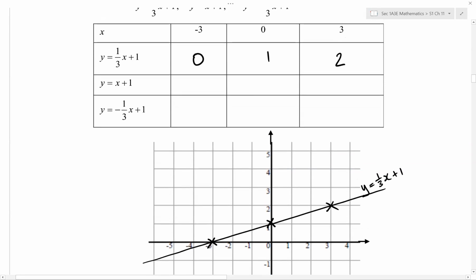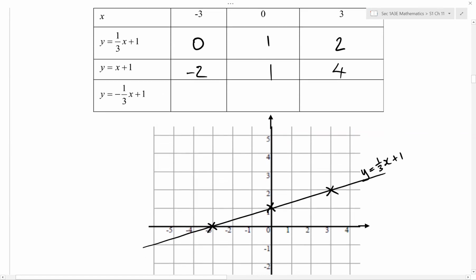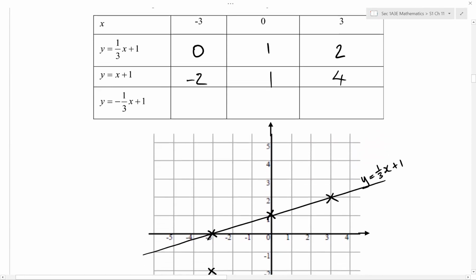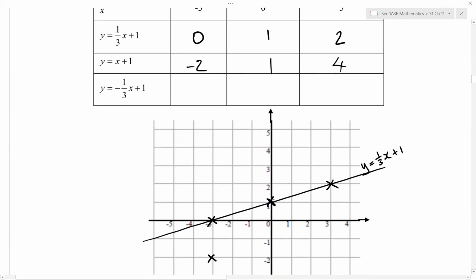Next graph, negative 3 plus 1, negative 2. 0 plus 1, 1. 3 plus 1, 4. Plot your next graph. Block negative 3, level negative 2. Block 0, level 1. Oh, it is the same point.